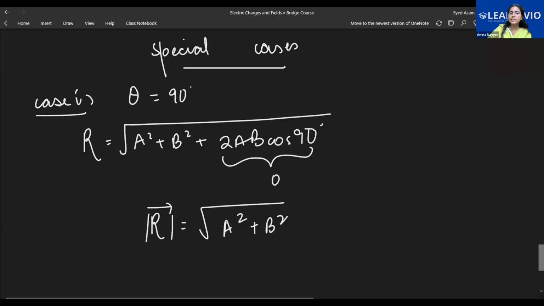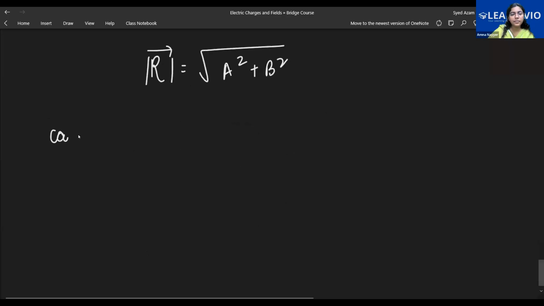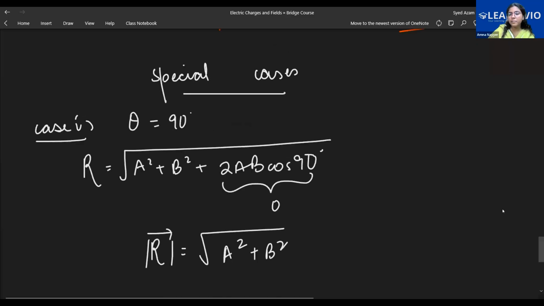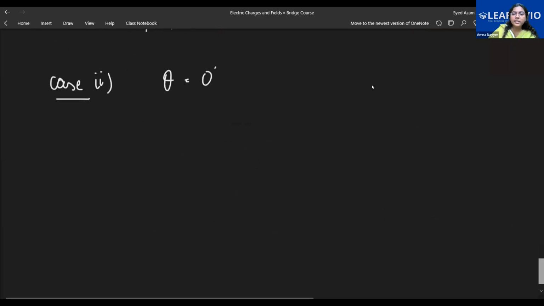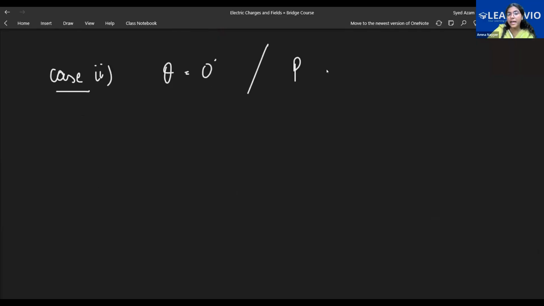Second case is when theta is 0 degree. 0 degree means, see, in the previous case, two vectors, your a and b, were like this. If this is a, this would have been b with the angle 90 degree between them. But when we say 0 degree, you will get 0 degree, or sometimes you will get the word parallel.